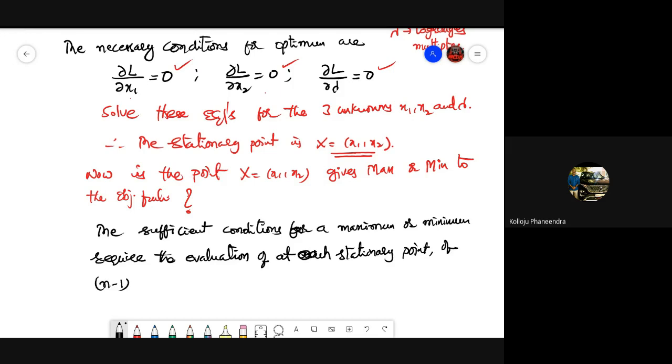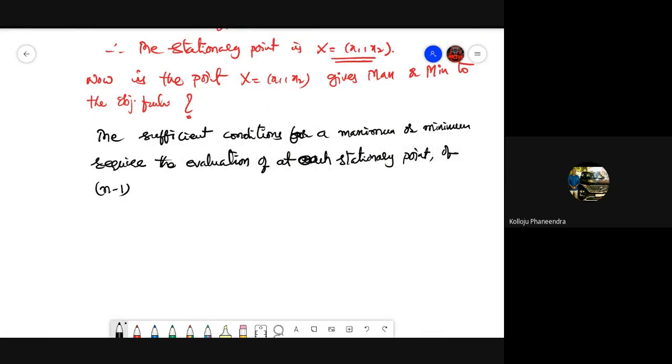This is important. You know what is meant by principal minors? In intermediate also it is there. Principal minors of the determinant given below.